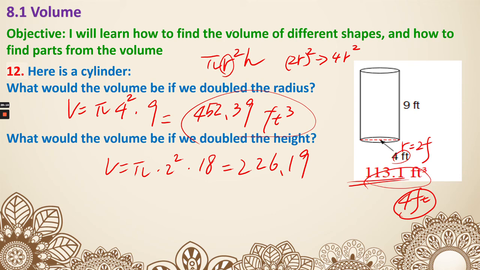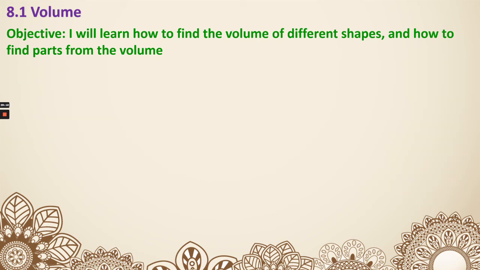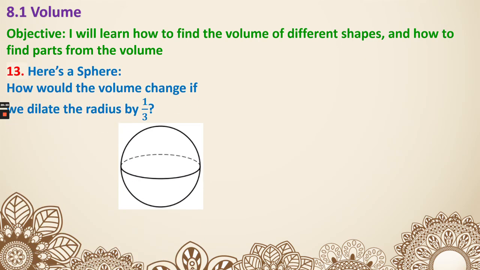Next, 13. This time we don't have any dimensions we can use, so we can only use the formula. V equals, that is a sphere, so 4/3 pi r cubed. And it's saying the radius is being dilated by 1/3, so 4/3 pi times (1/3 r) cubed.